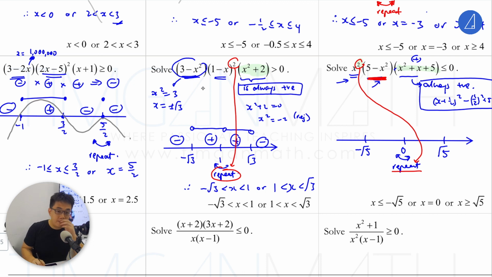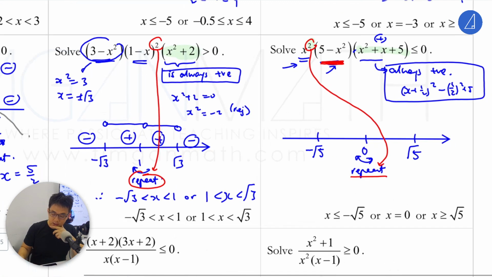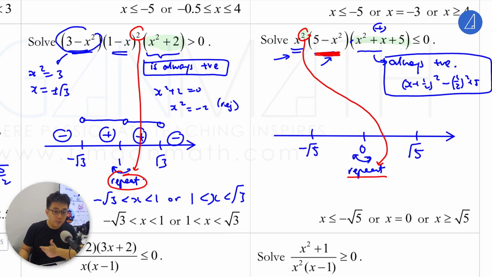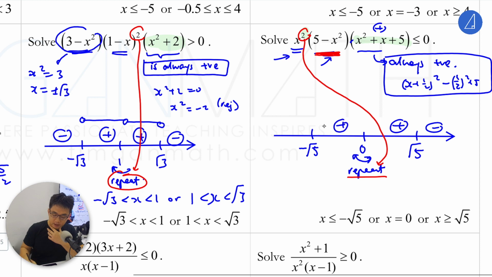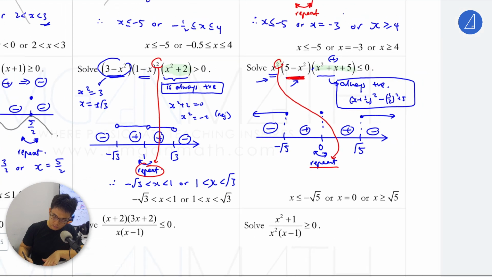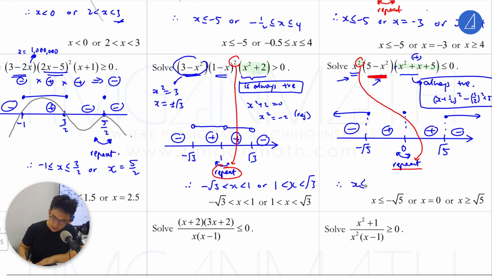This is just a normal plus minus root 3. Then you put the super huge value. You realize it's negative, so it's negative plus negative. So you have this over here, this over here. Don't forget you can equal to this point here. Okay, let me just draw it up for you.